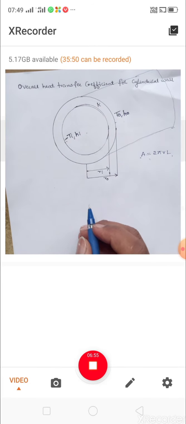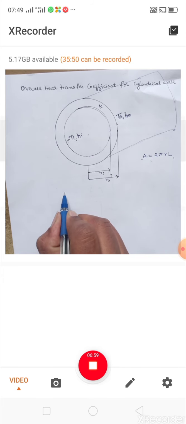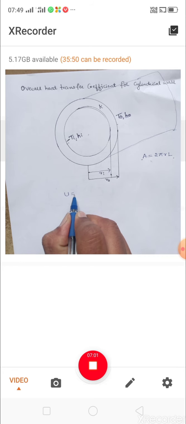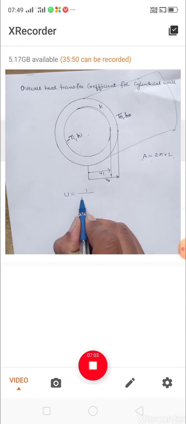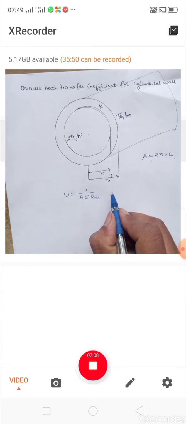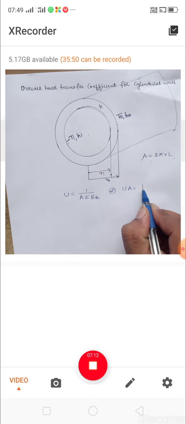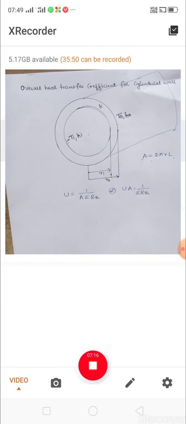So let me write the general equation: the overall heat transfer coefficient is 1 divided by A into sigma of thermal resistance, or I can write this equation as U into A equals 1 divided by sigma of thermal resistance.